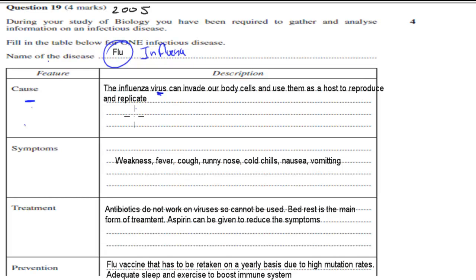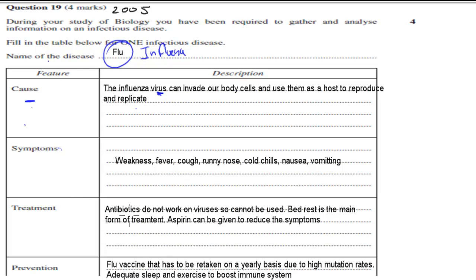So I basically said that this certain virus causes it, and does so by invading us, taking over our cells, and using them to replicate. Right, symptoms: weakness, fever, coughing, runny nose, cold, chills, nausea, vomiting. So the idea is just anything that you could think of in terms of symptoms for the disease you chose. Obviously, it could have been a different disease, whichever one you chose.